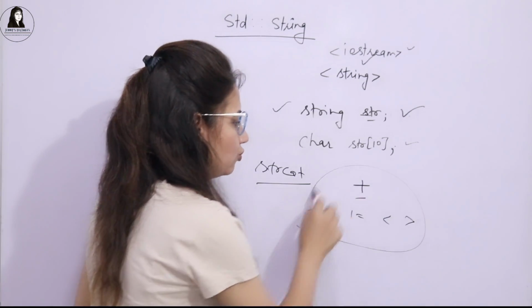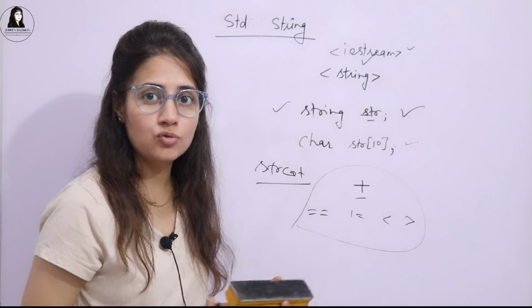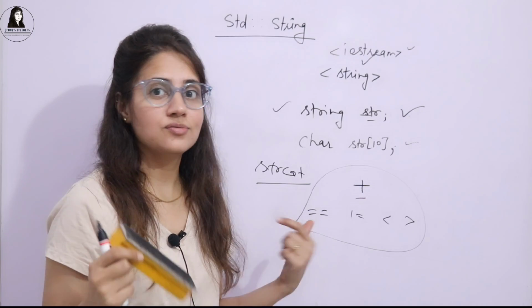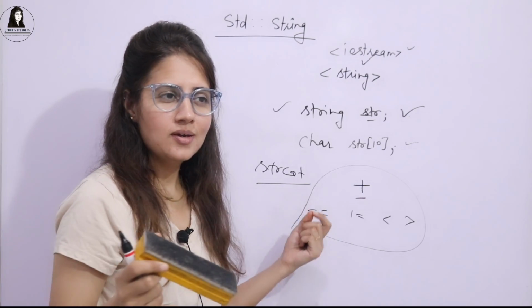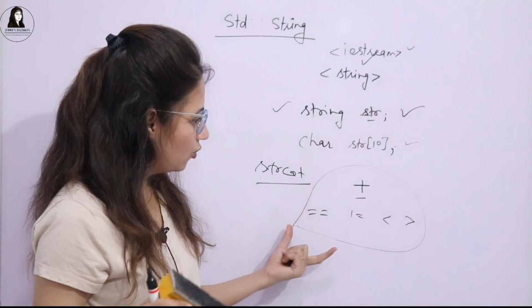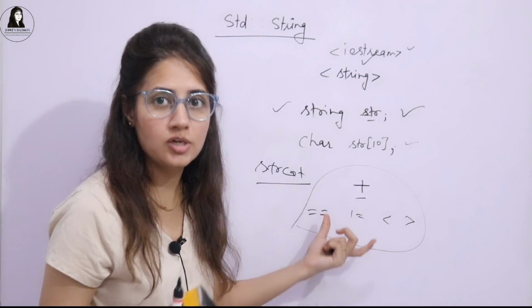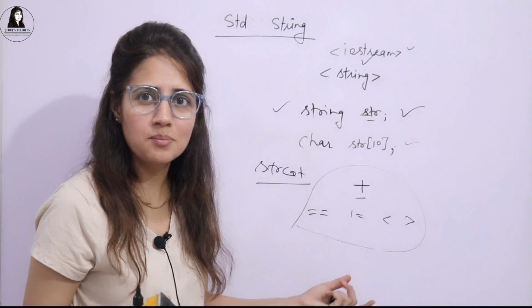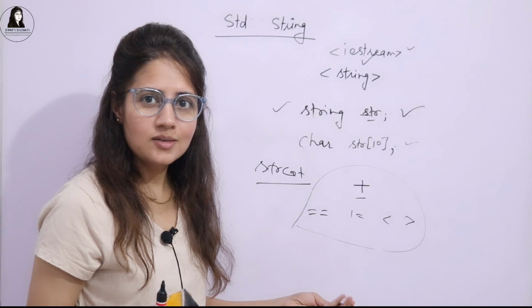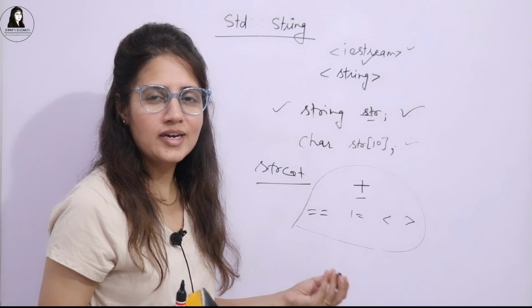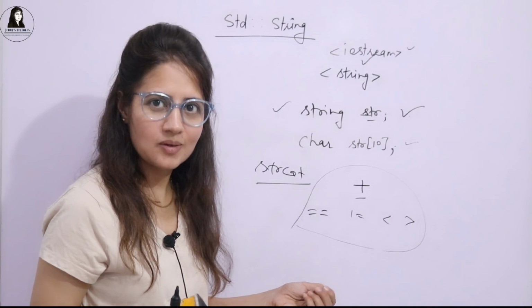These operators we can use with strings. So this is going to make our life easier and simpler. We can write this code with so much simplicity rather than using functions like strcmp and strcat. Just use plus, just use these symbols, right? So the code would be more readable and easy to write.